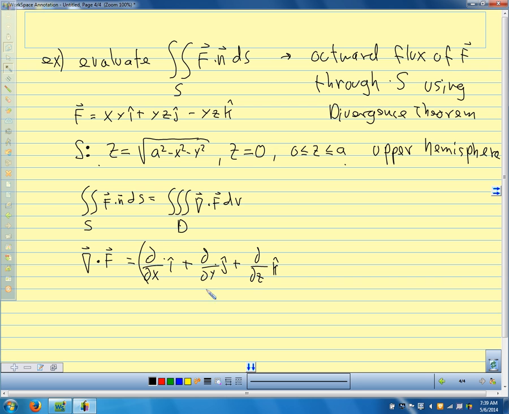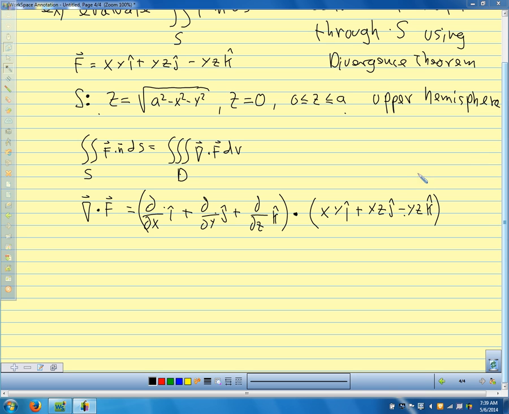And we're going to take that dot product with xy i hat plus yz j hat minus yz k hat. And we're taking the dot product, so our result is always going to be a scalar. Our dot product's never a vector.